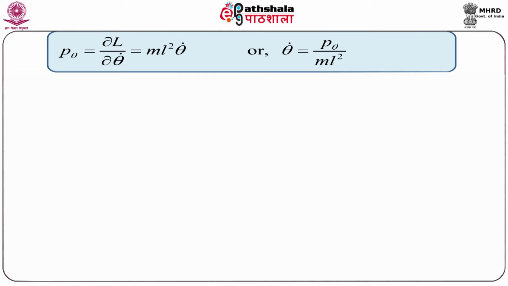Now, generalized momentum p theta is given by p theta equal to del L by del theta dot. Therefore, p theta equal to m L squared theta dot. From this, one can get theta dot equal to p theta divided by m L squared.